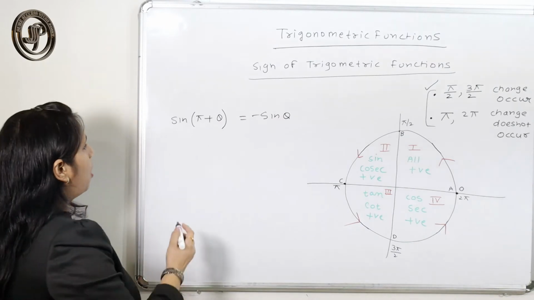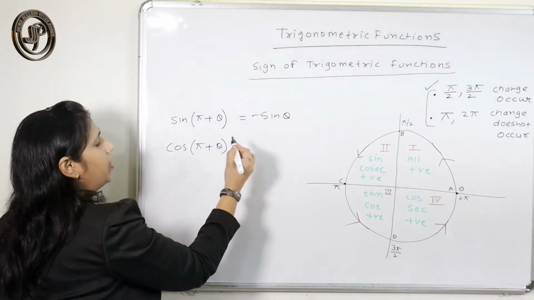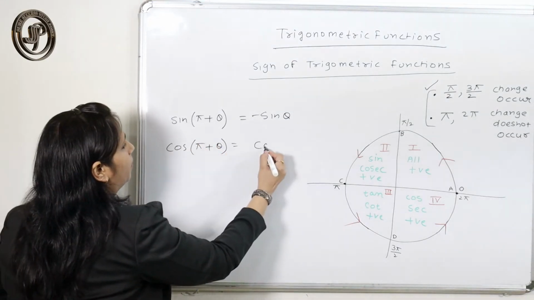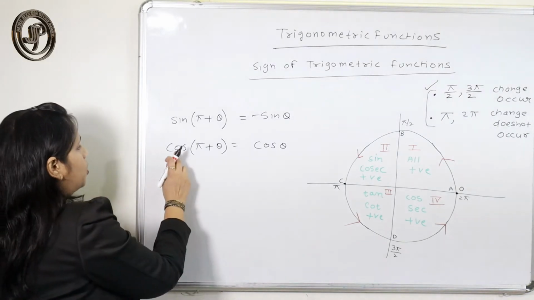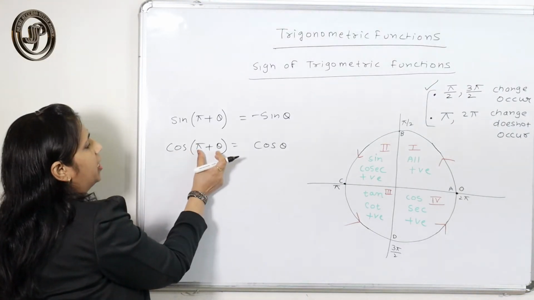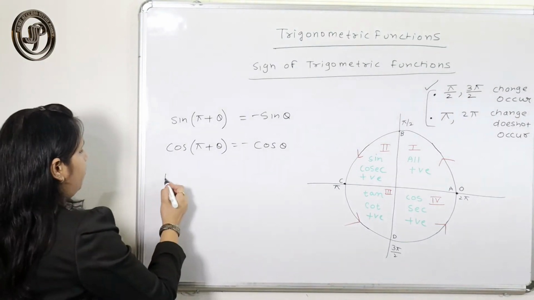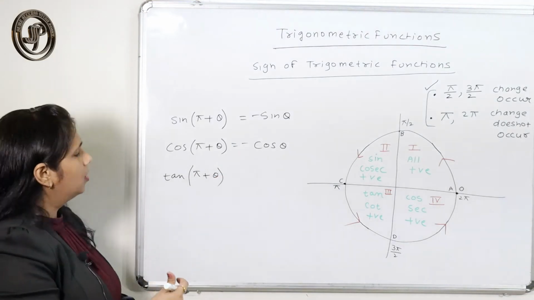Okay. Now cos pi plus theta, same way you can do. Pi, no change occurs. Cos will remain cos, and cos in third quadrant is negative. Same way you can do. I need not write all the parts.